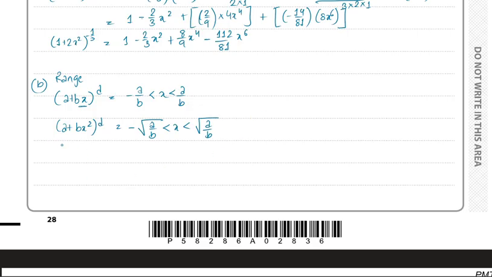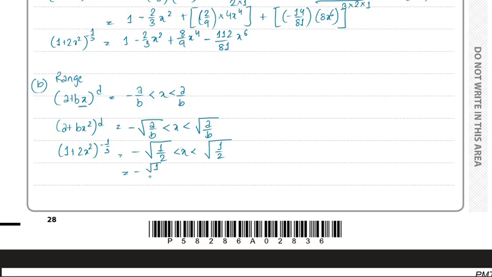So our expression is in x squared. So it would be (1 + 2x²)^(-1/3). So it would be minus root over a by b, where a is 1 and b is 2, less than x, less than root over 1/2, and root over 1/2 also can be written in this form.